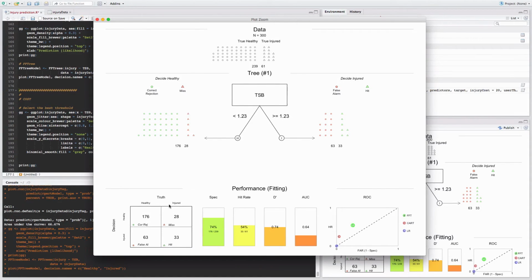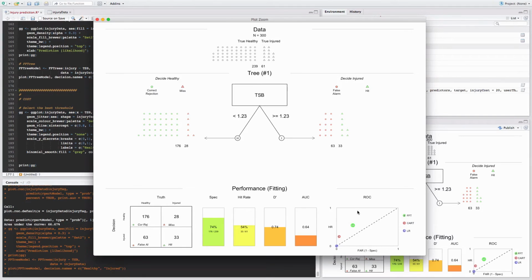So this is false positive, we have 28 guys in a false positive and 63 in a false negative error. And these two might cost us differently. That's a topic I'm going to cover next.